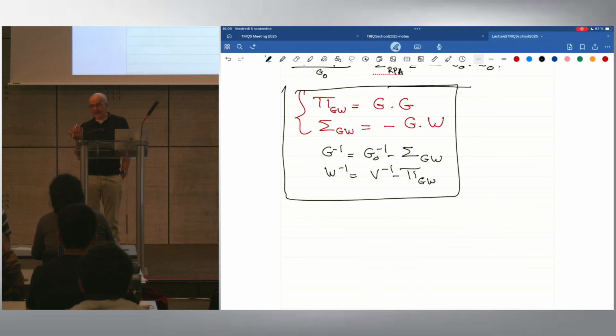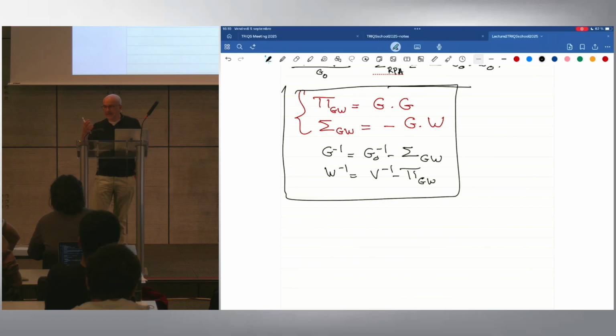Because you see, these are integral equations, right? What I have to do is start from a guess for G, make this direct product in space, same for G and W. Perhaps I'm going to start from G naught and W naught from RPA, based on, say, a Kohn-Sham DFT calculation. I'm going to calculate G naught and W naught.